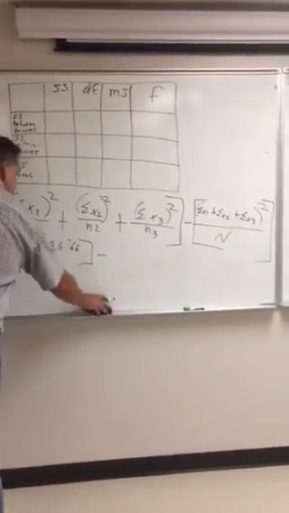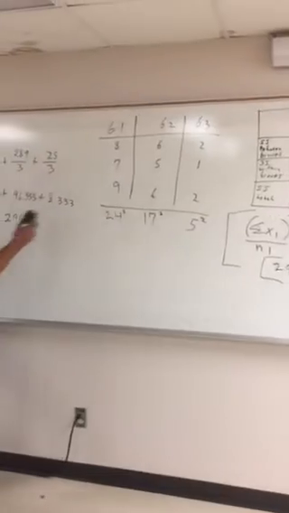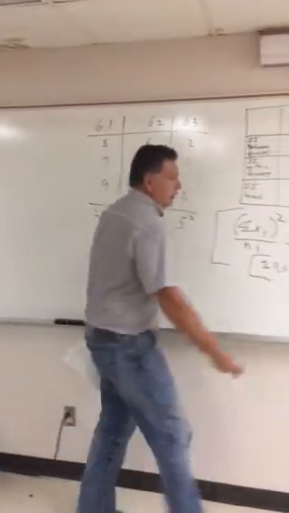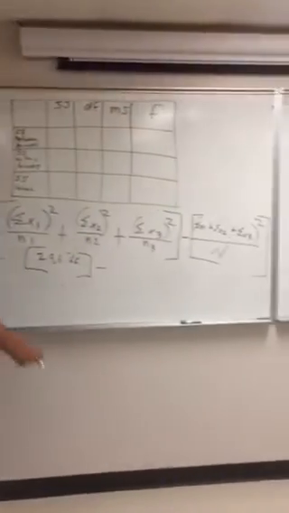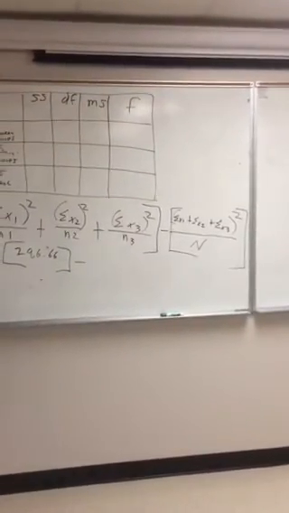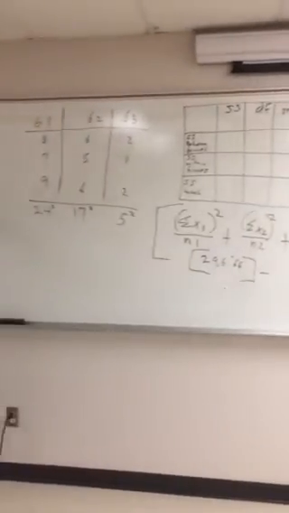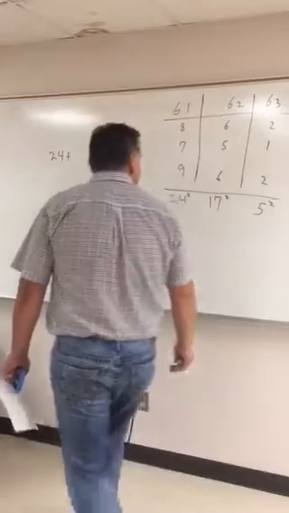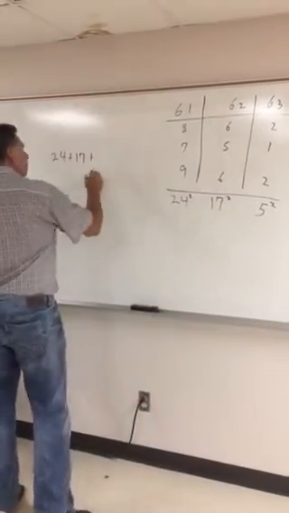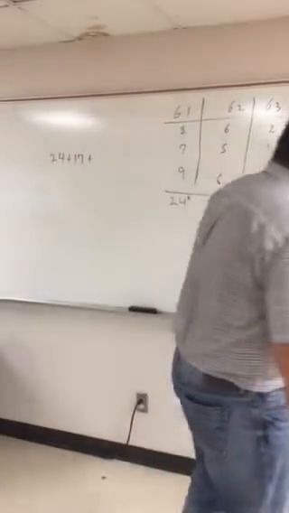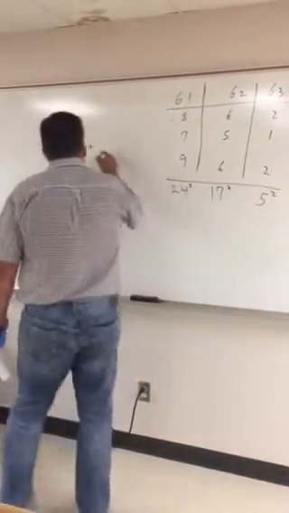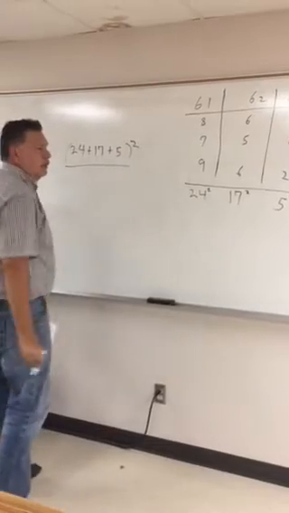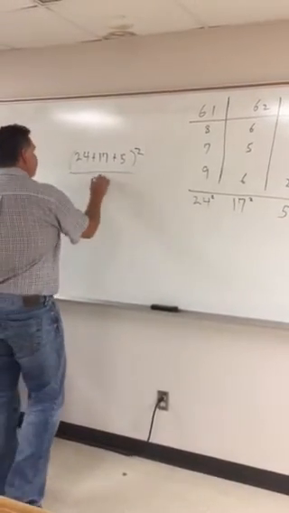Let me get rid of this stuff. If you need to see this, you can rewind it again. So I'll work out this part of the equation here. So now I've got the sum of x1, which is 24, plus the sum of x2, which is 17, plus the sum of x3, which is 5, and I'm going to square that over the total number, which is 9.